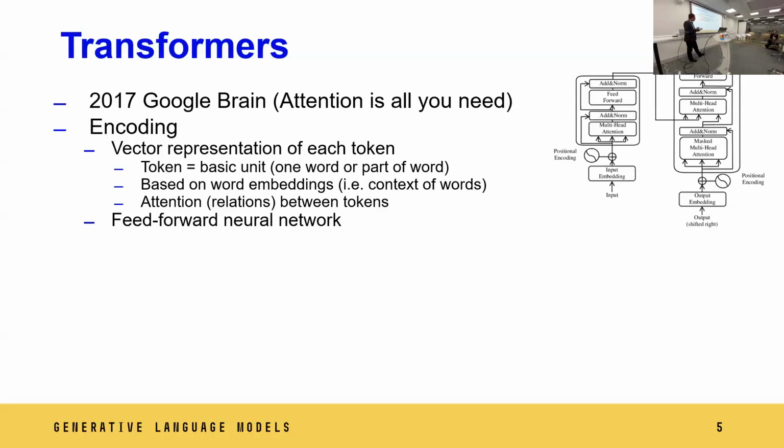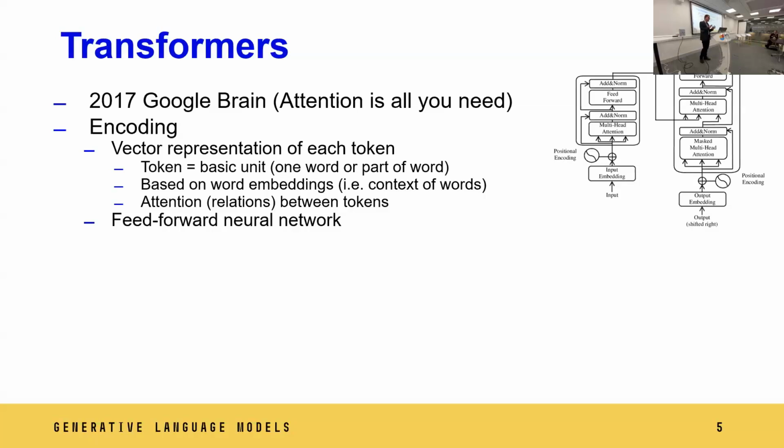The transformers have two components. First, it's the encoding. We take the vector representation of the input text. Here I use the word token, which is the basic unit of text. In the English language, basically one word is represented by one token, but in other languages it's a bit more complicated.